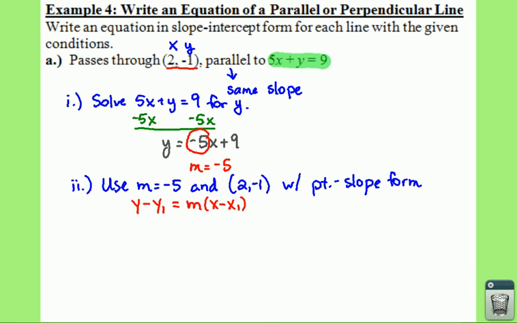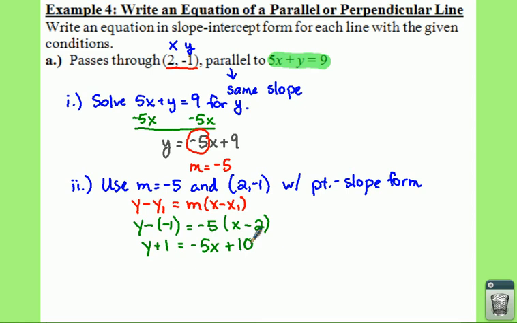So we plug in our values, and we're going to say y minus, well, our y1 in this case is a negative 1. That's equal to our negative 5, which is our slope, times x minus 2. And now we just simplify. So we say y plus 1, because minus a negative becomes a positive 1, equals negative 5x plus 10.